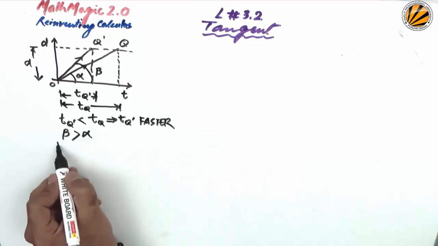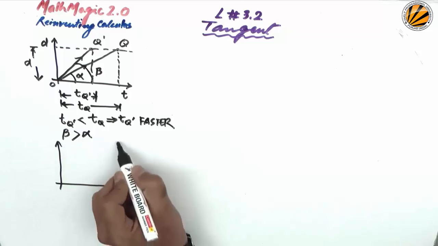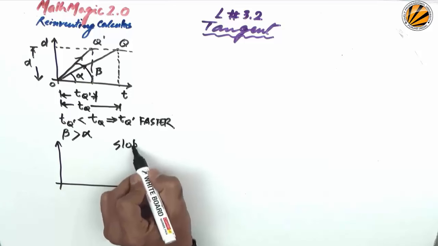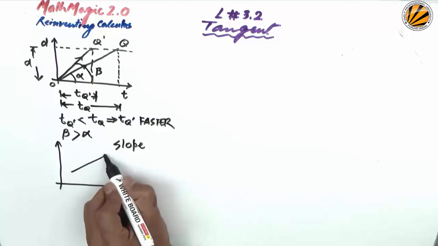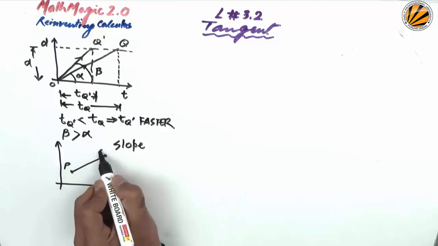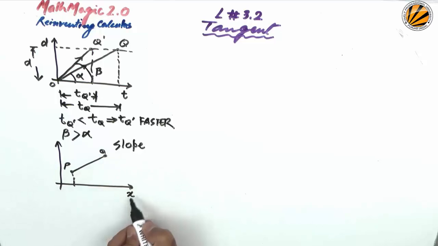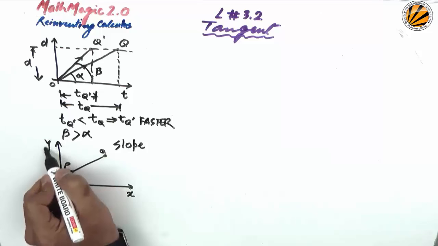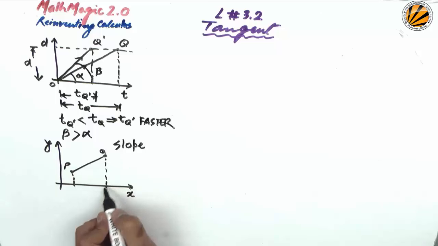So when we look at the steepness, there is one very important thing which comes into the picture, and that is nothing but slope. Let us understand what this slope means. Say for example, there are 2 points, a point P and a point Q. We know that this is the input side X and this is the output side Y. This P and this Q would have very specific coordinates.